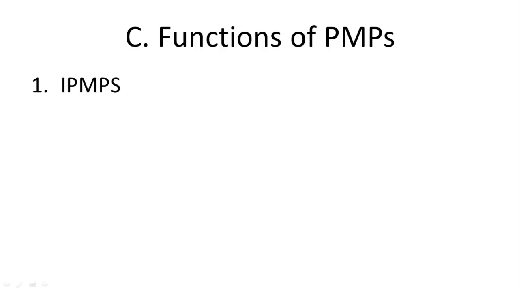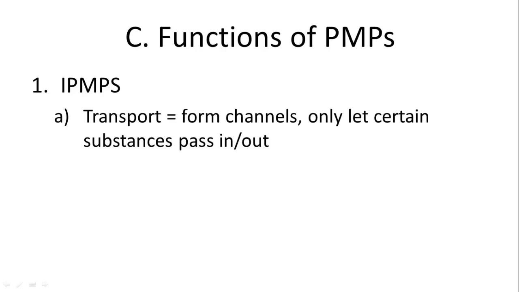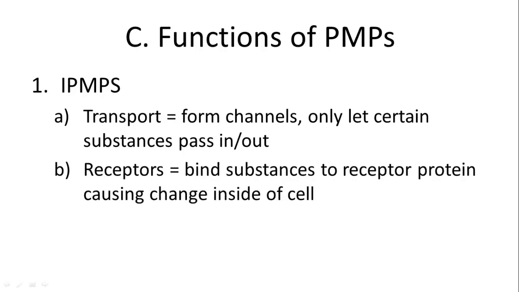They can be for transport. We're transporting something inside and outside of the cell. They can be receptors. They can be enzymes, which are important for metabolic pathways.